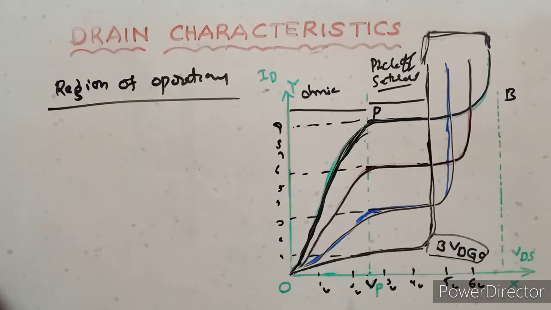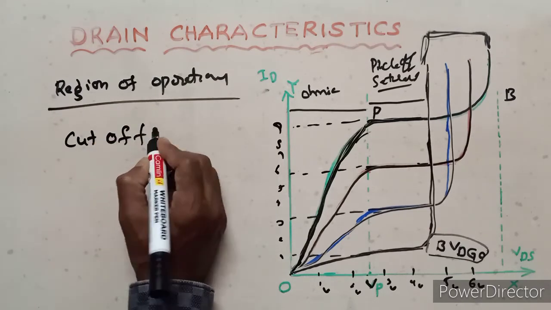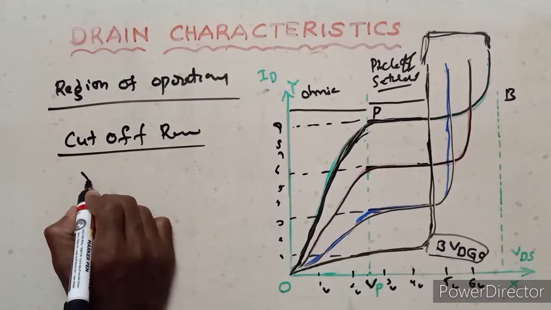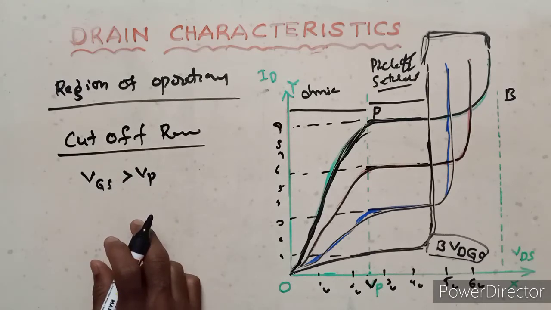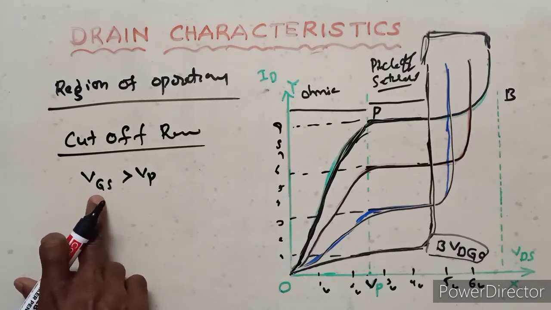Next, the cutoff region. Cutoff region means here VGS is greater than VP.